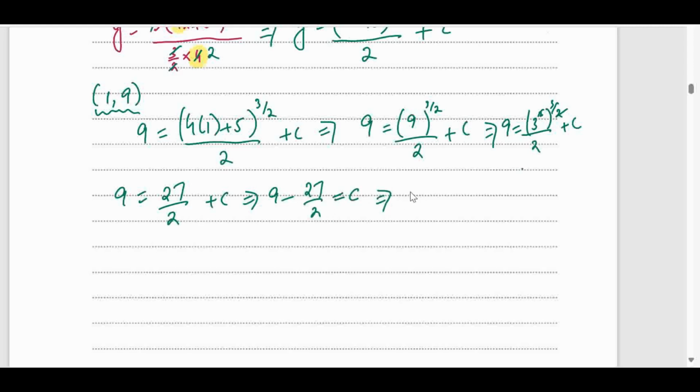And if we use the calculator, this will be 18 minus 27 by 2 equals c, which means c will be equal to negative 9 by 2.